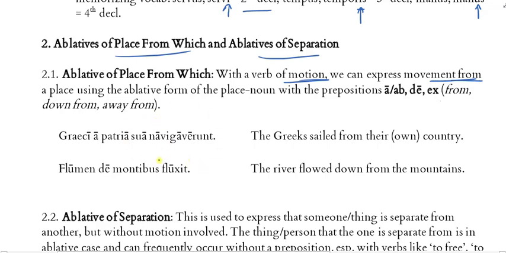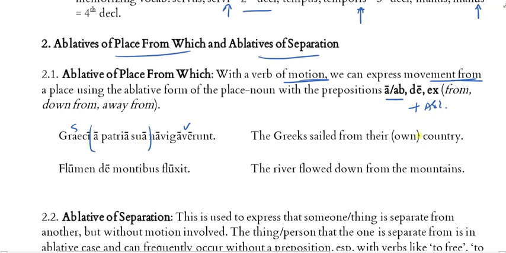So I've shortened a couple of the examples from the Wheelock chapter, but I do want to just talk through what's here. So Graeci navigaverunt is the subject and verb. All right, so the Greeks sailed. And then I have this prepositional phrase, a patria sua. So here's my preposition a, from, ab, right? And all of these prepositions take the ablative case.